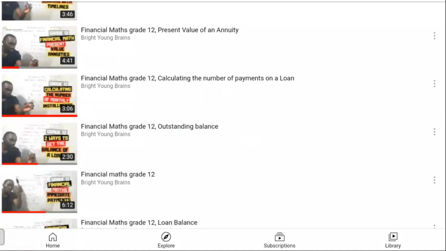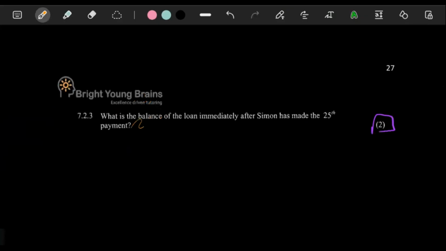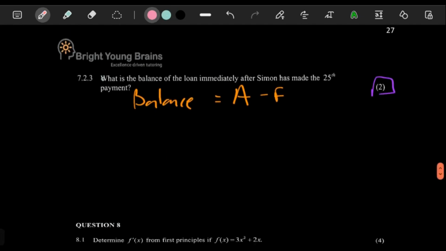So to get the outstanding balance, you can just say balance is equal to A minus F. Now I know it's a 2-mark question, but I always get the balance this way. A refers to the compound interest formula, F refers to the future value annuities formula.